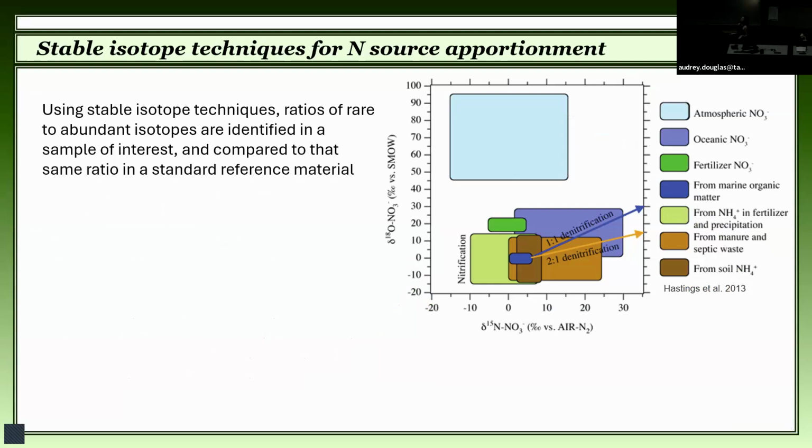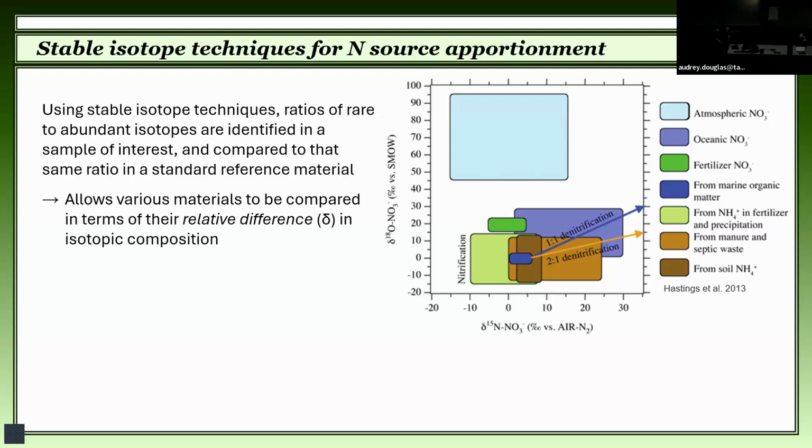When we know the isotopic composition of our nitrogen compounds, we can get an idea of where it comes from. So we see this plot here. This is a generic plot of oxygen and nitrogen isotope data from different sources of nitrogen that we expect, such as from atmospheric emissions or from fertilizer application and so forth.